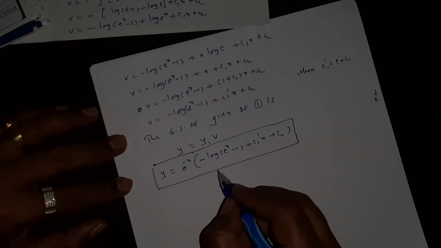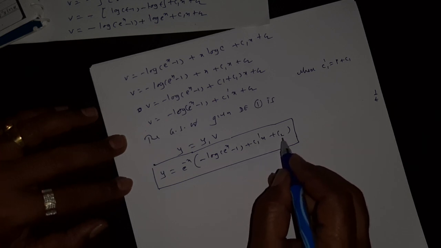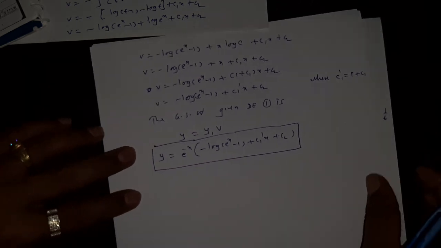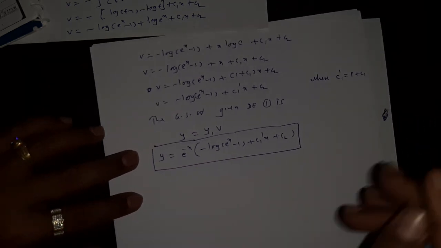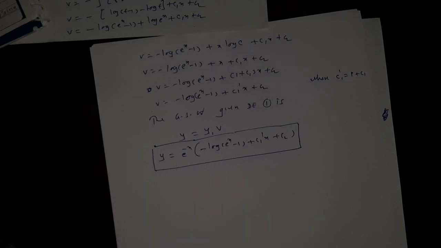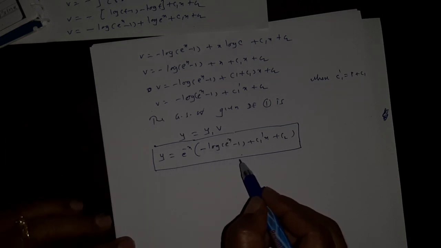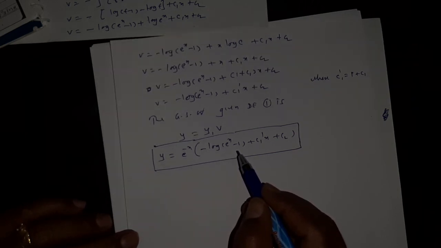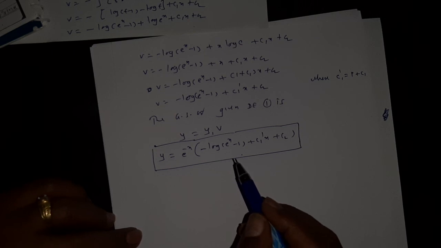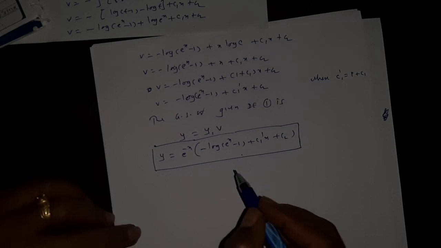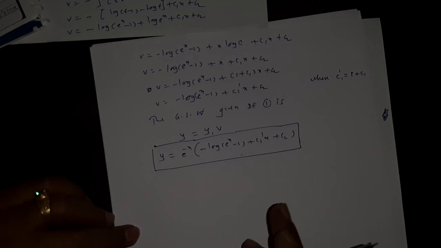This solution contains two arbitrary constants, c1 dash and c2, because the given differential equation is of order 2. That's why the general solution contains two arbitrary constants. If the given differential equation is of order 3, then it contains 3 constants. So this is the example of reduction of order.